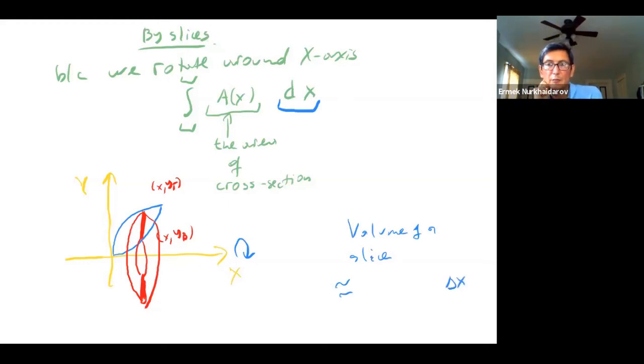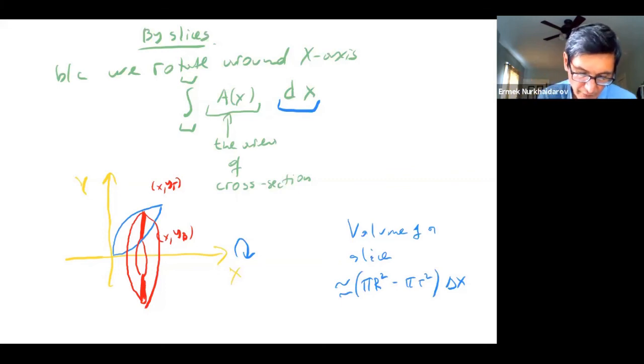And because we see a washer, because we have to take something out, we take area of bigger circle minus area of a smaller circle. So outer radius minus inner radius. Pi R squared for outer radius is going to be the area of the bigger circle, pi little r squared the area of the little circle.